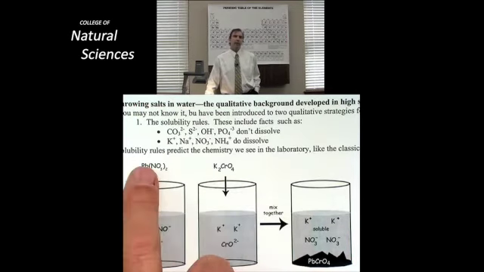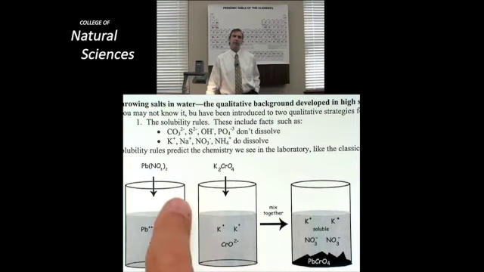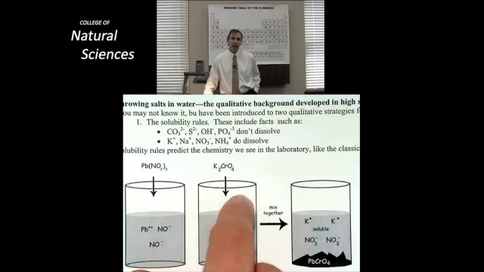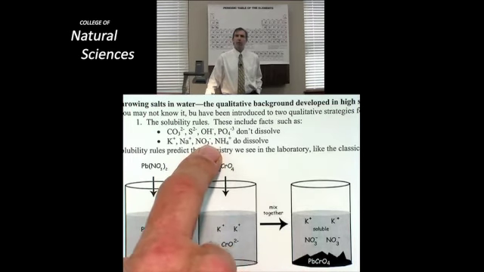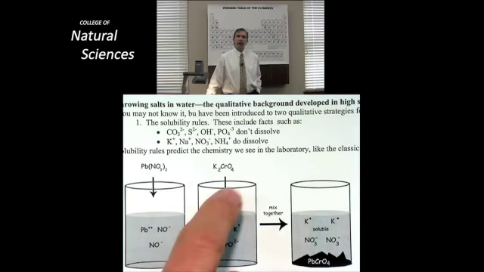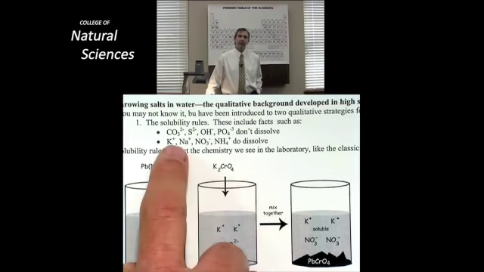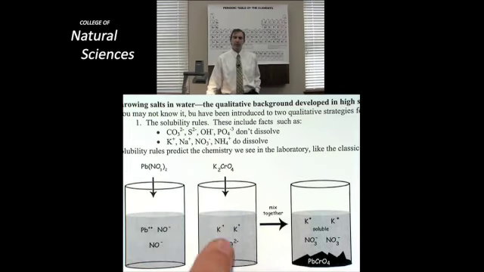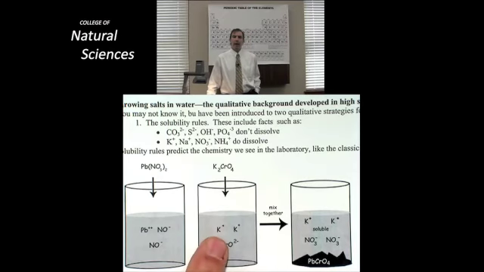I could take some lead nitrate, for example, and dump it into water and say, does lead nitrate dissolve in water? Well, yeah, it does, because nitrate ions dissolve in water. So there's my lead nitrate floating around. And what about potassium chromate? Well, because potassium ions dissolve in water, I've got some potassium ions and some chromate ions dissolving around in water. And then I ask this question, what happens if I mix these two things together?